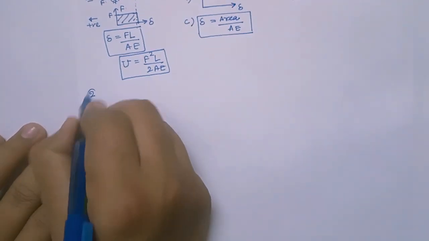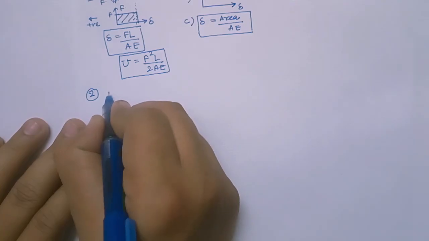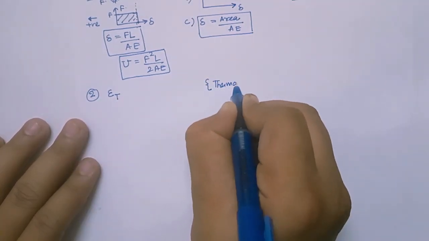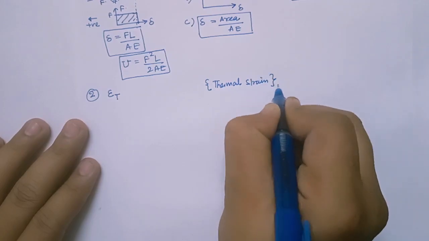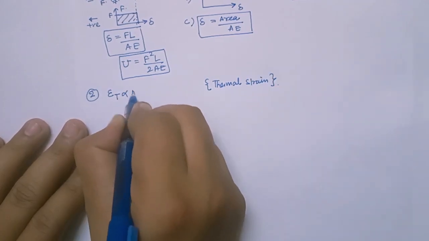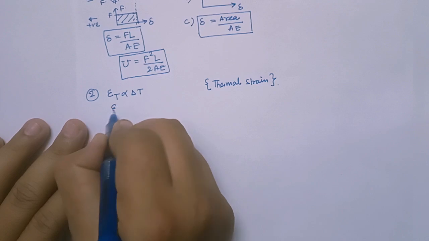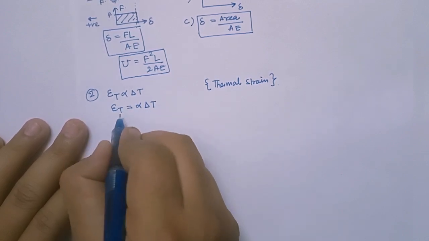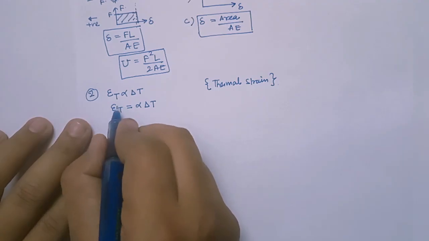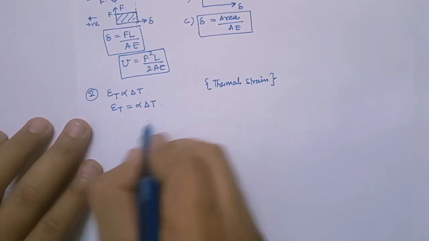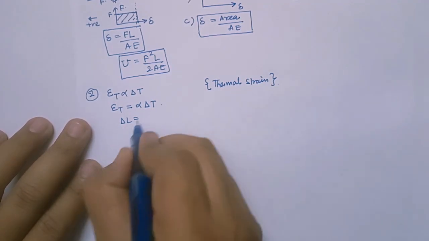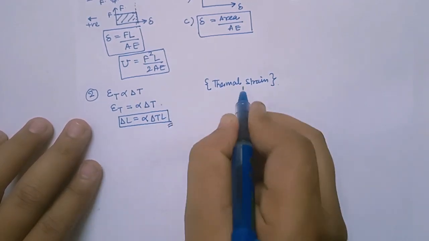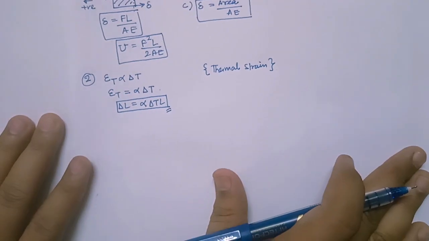Now the second point is, as we know, epsilon T, that is thermal strain. Thermal strain only depends on change in temperature, and if proportionality is removed, thermal strain is alpha delta T. Change in length due to temperature will be delta L by L, and L goes this side, so deformation due to thermal strain is alpha delta T L. So this is deformation due to temperature, right?